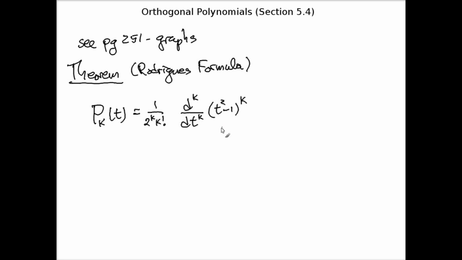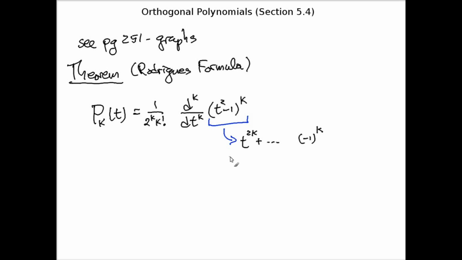what is this saying? Let's think about this for a second. So t squared minus 1 to the k is, if you expand it out, some polynomial that starts off with a t to the 2k plus dot dot dot, and then all the way down at the end the constant term is minus 1 to the k.